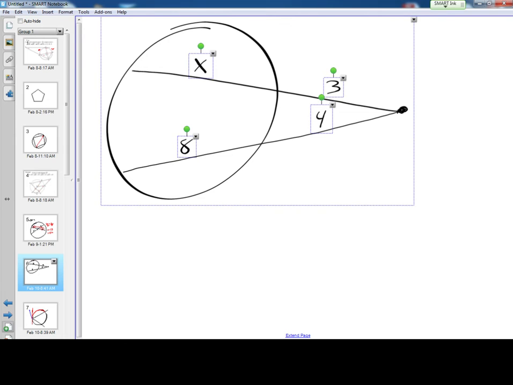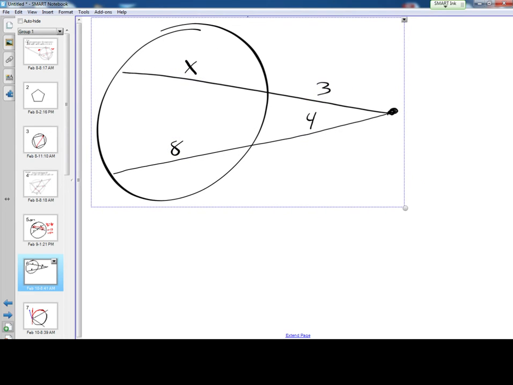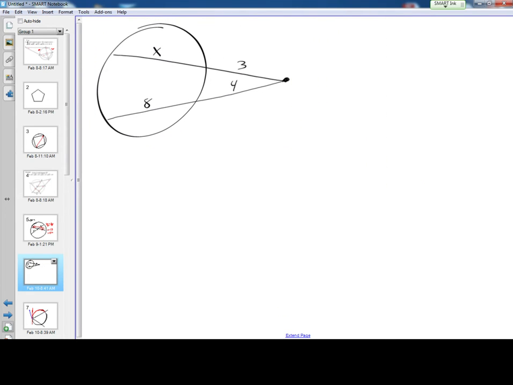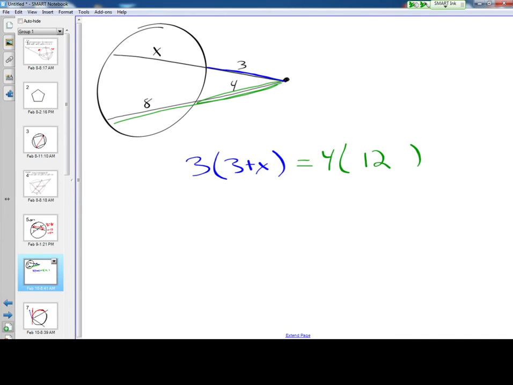So, 3 times 3 plus x, because that would be the whole length, wouldn't it? Is equal to 4 times the whole length, which is 12, or 8 plus 4, whatever you want to call it. That's fine. So there's your setup.